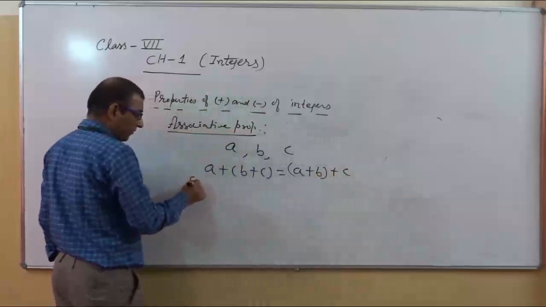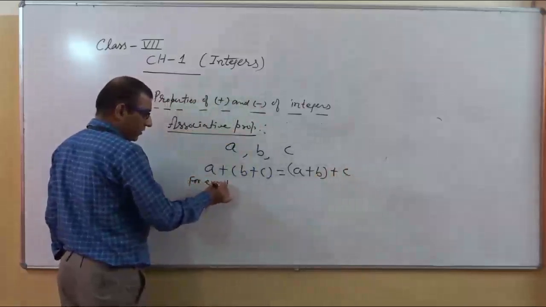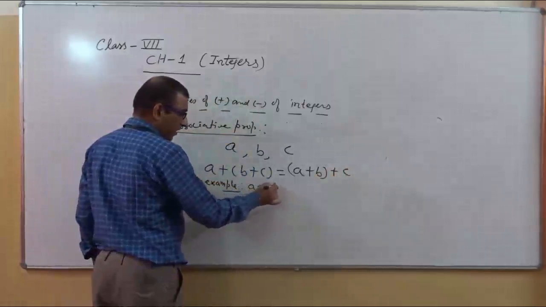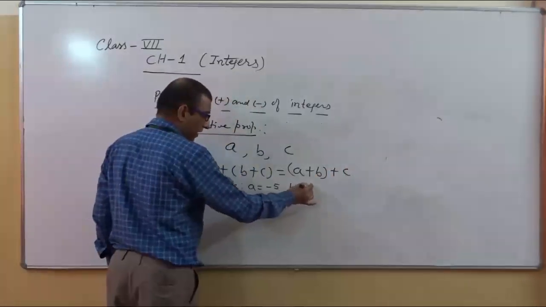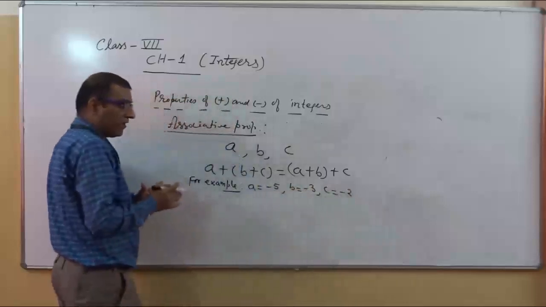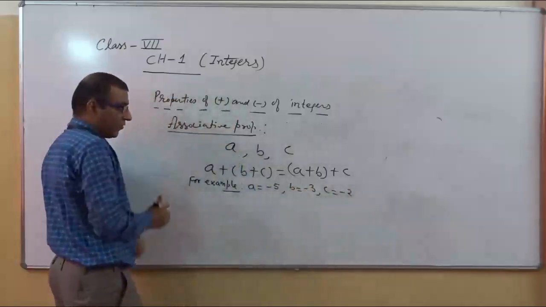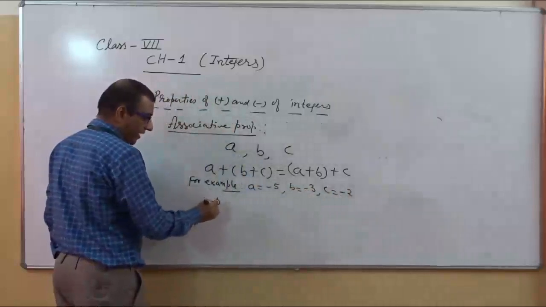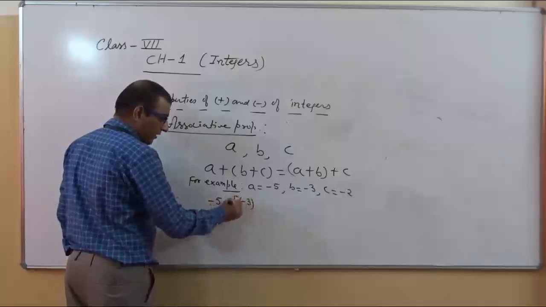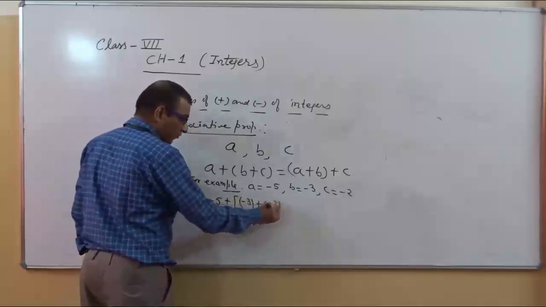For example, if we are taking the value of a as -5, the value of b as -3, and the value of c as -2, then how can we write it under the associative property? It can be written as (-5 plus -3) plus -2.